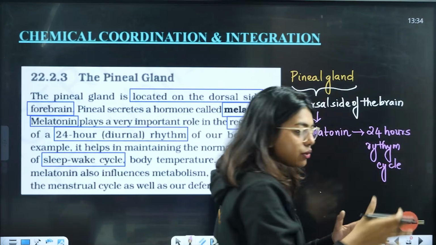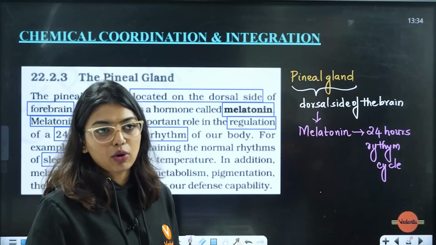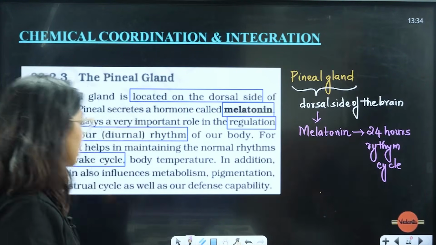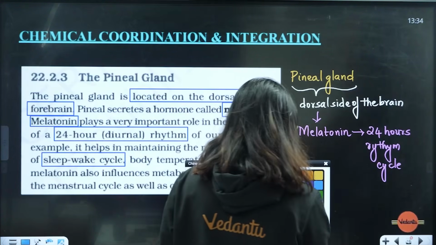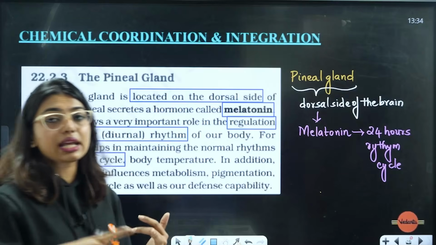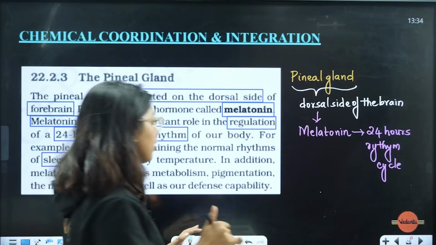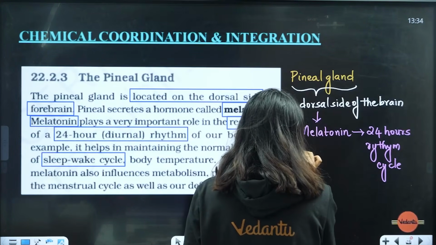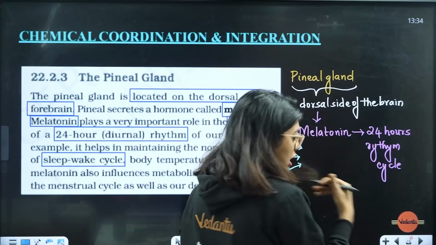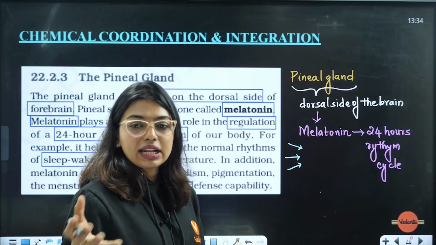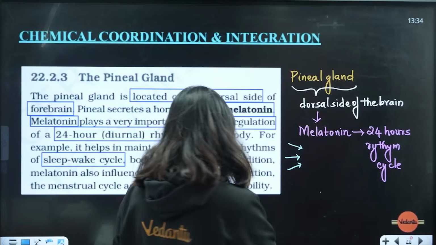When you wake up, when you will sleep, all of that. And because of the sleep cycle, the menstrual cycle and other things also will get affected. Remember, during your sleeping time, this melatonin will be secreted more, inducing sleep, and if you are awake, the opposite will happen.